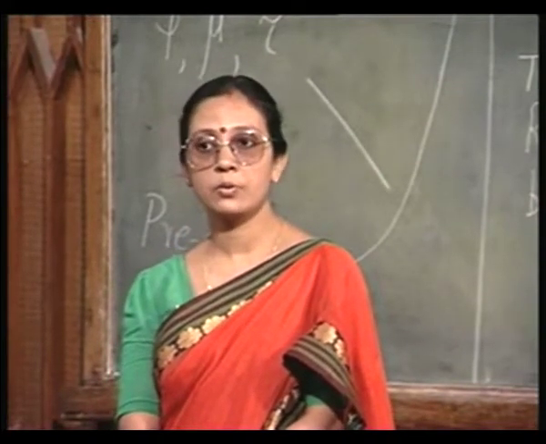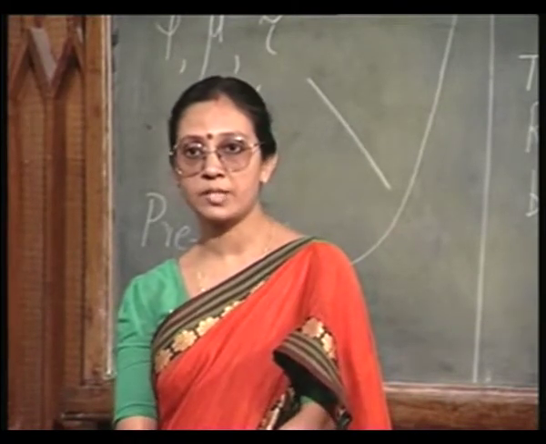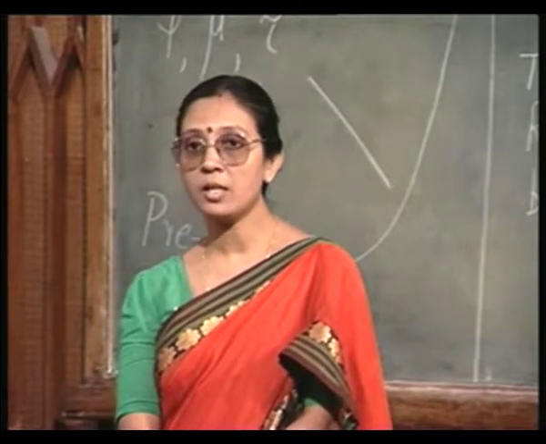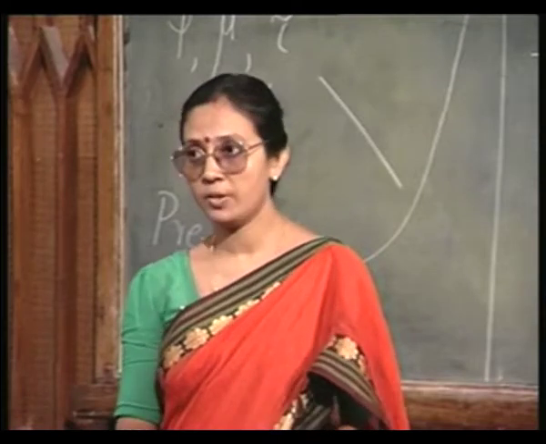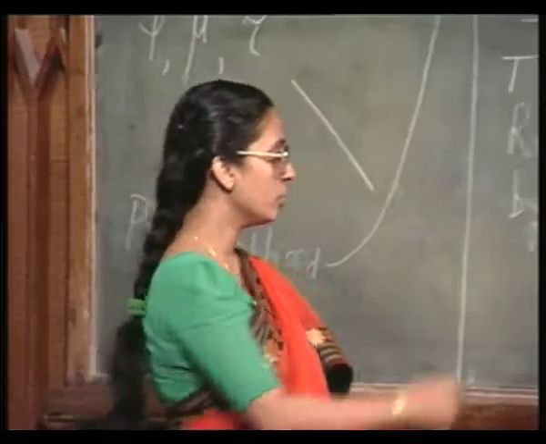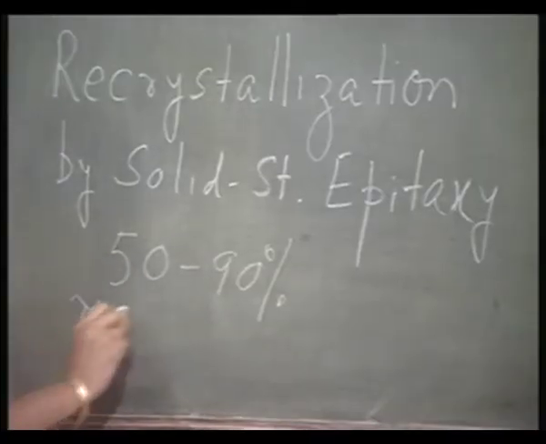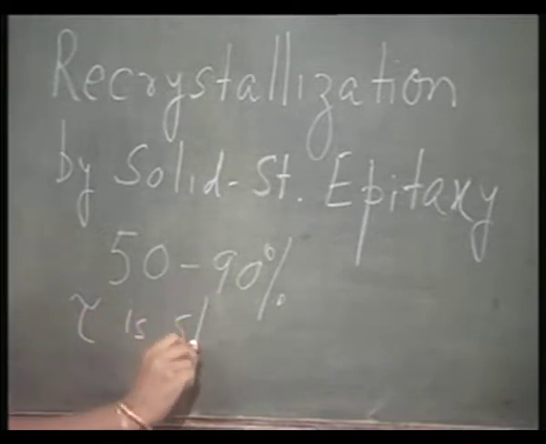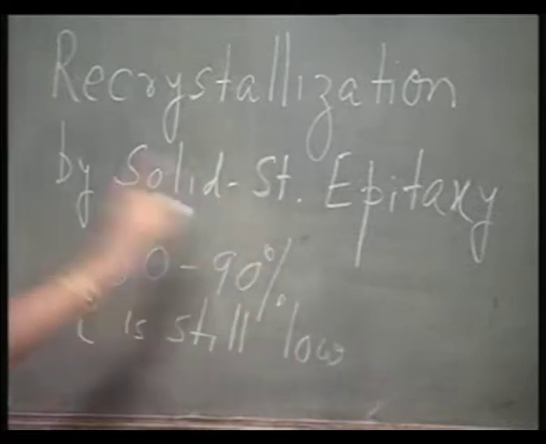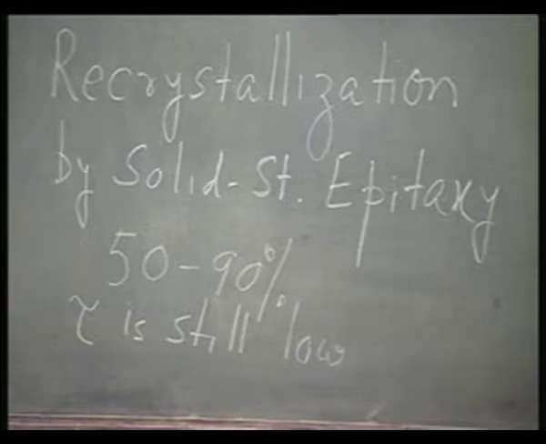In fact, that is why I mentioned this point, that since the damage is closer to the surface, it may not always be essential to get back the full carrier lifetime, simply because it is most difficult to get back. So, even though you have an activation of 50 to 90%, tau is still very low, because even though recrystallization has taken place, considerable damage will remain.